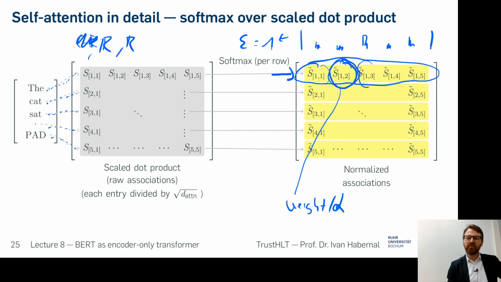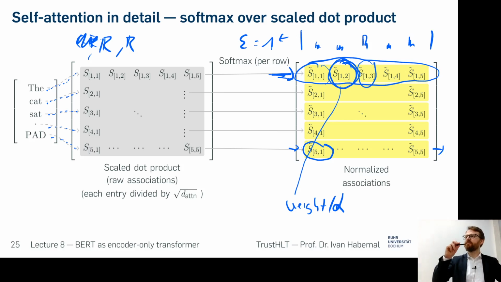Here, this is how the third word is important for the first word, and so on. And here, for example, this would be how the first word is important for the last word. But now these things are probabilistic, so everything will sum up to 1.